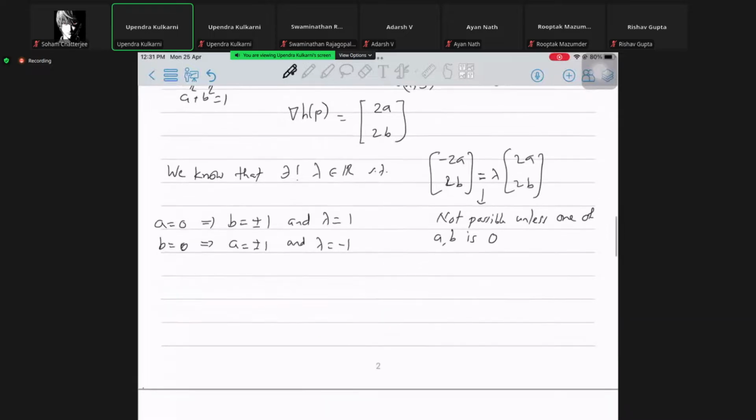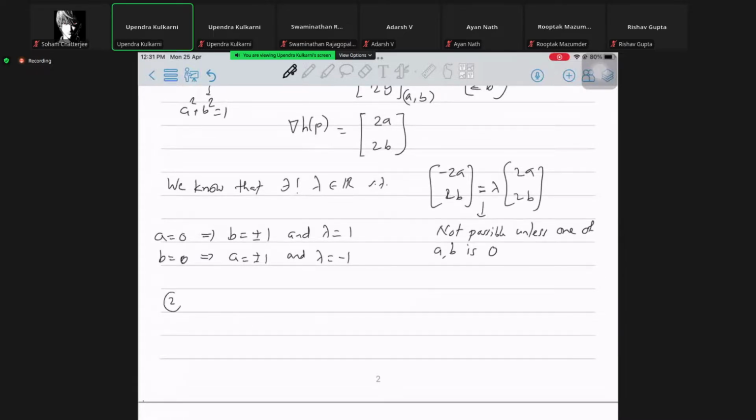Okay. But this all seems very nice and simple. Let's try to go along and see one simple example. So here is the thing. Suppose I have the following situation.